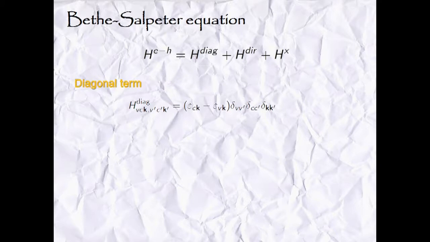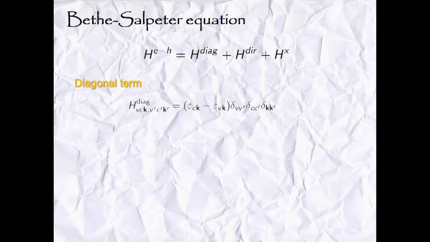We call it the diagonal term because it only consists of the energetic distance between the initial state and the final state, so core state and conduction state. If you would throw away the Coulomb interaction between the electron and the hole, this would give you the independent particle approach. That would mean that the frequency of light just has to fit between these two states.